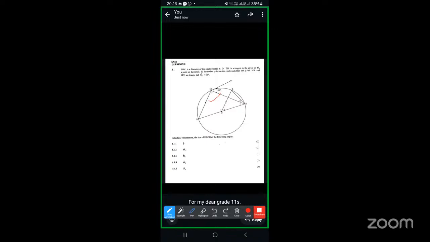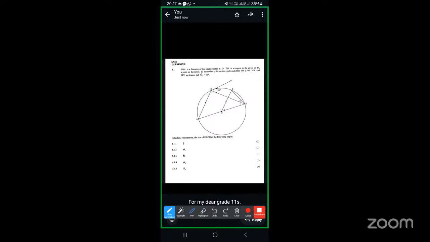Do you all agree to that? Yes, sir. Is there anyone who's still curious with that? Okay, I think we are all on the same page. Then we say that one is 90 degrees.